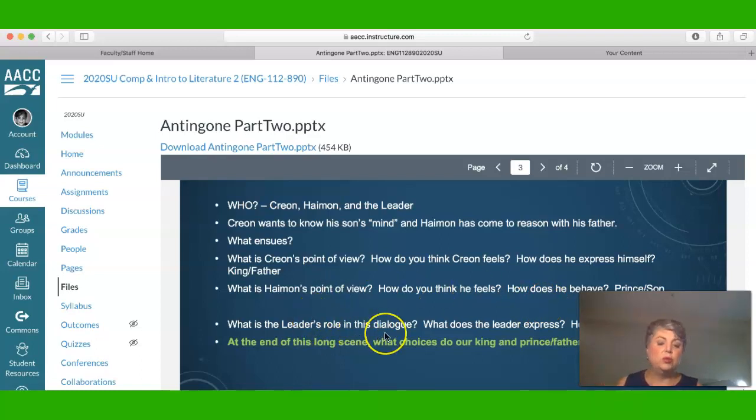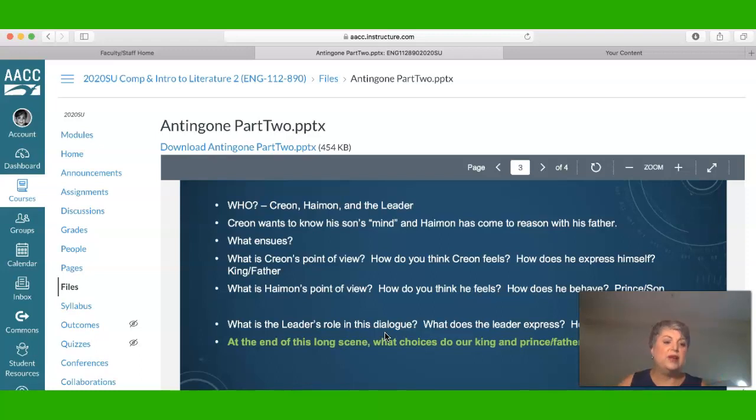What is the leader's role in this dialogue? The leader who shows up and pops up throughout this play is kind of like a mediator. Sort of sits back and observes, comments, and toward the very end of the play has a little more interaction. But right now, the leader is kind of hesitant to say too much, to intervene too much.